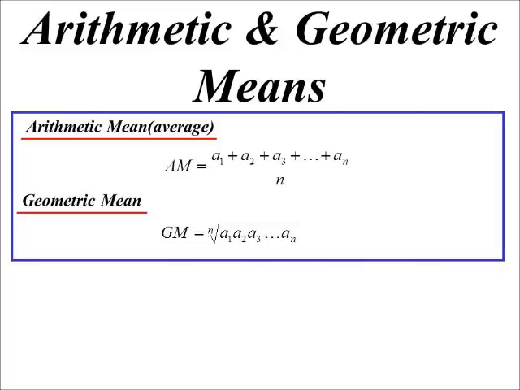Because if you remember, in arithmetic we said n number of differences, or n minus 1 lots of differences. Now, in geometric, it was the ratio to the power of. And so the opposite of power of, if you like, is finding the roots. Opposite of squaring is the square root. Opposite of cubing is the cube root, and so on. So if I have n terms, I'll find the nth root.